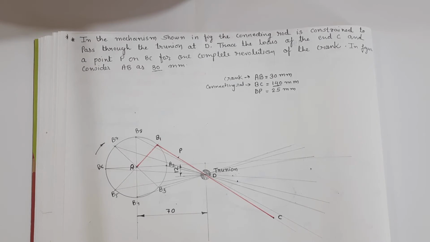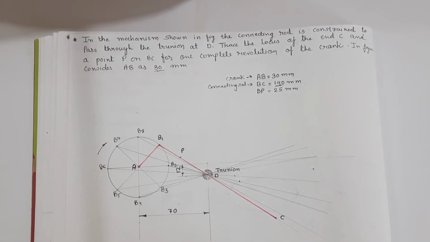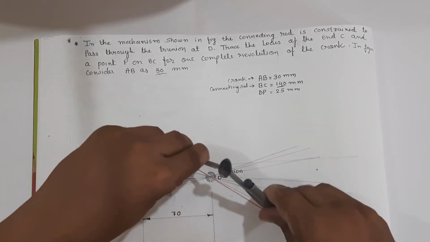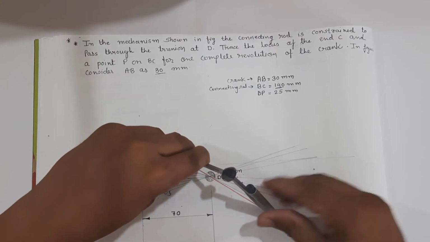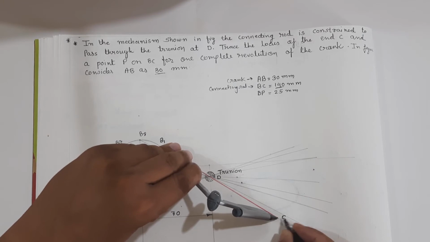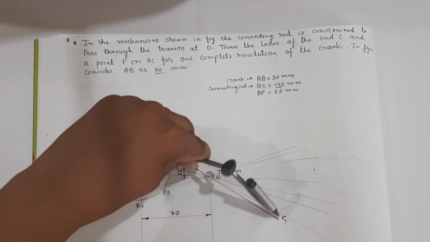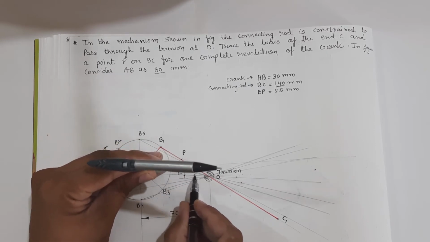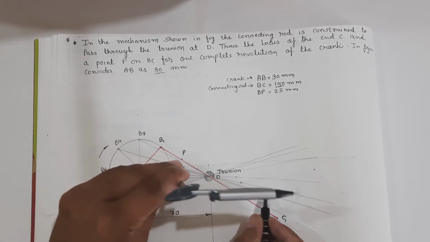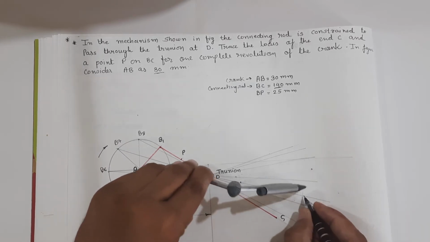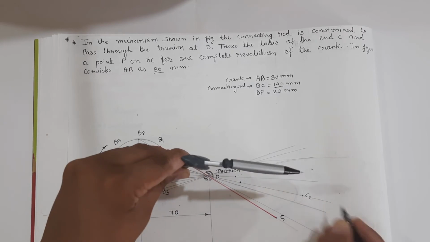Now let us first of all draw the locus of point C. For that, measure BC, and let us say that this point is C1. So we have already got C1 measuring from B1. Now from B2, follow this line, this particular line, and give an arc over here. So this will be C2.